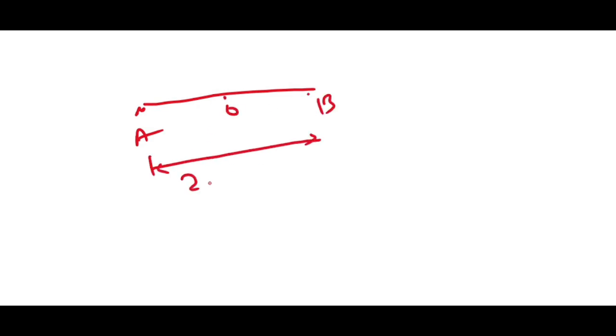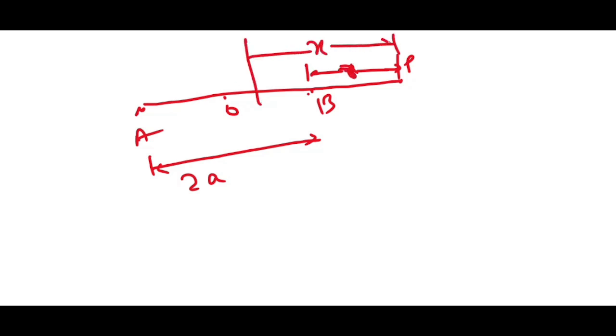We have to see this: point A, point B, point O. This is 2A, and we are finding the potential somewhere over here at P, at distance X. This is distance R. This is the complete derivation. If you want, you can do it on your own.